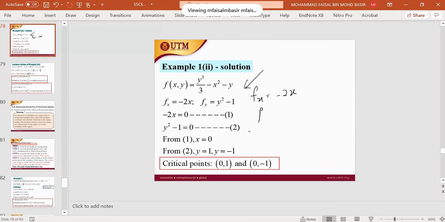And fxx will be negative 2. fy will be y squared minus 1. fyy will be 2y. fxy, if I differentiate this with respect to y, will be 0. Even if I differentiate fy with respect to x, it will be 0. The same.